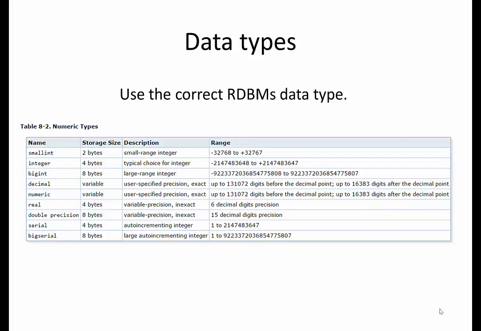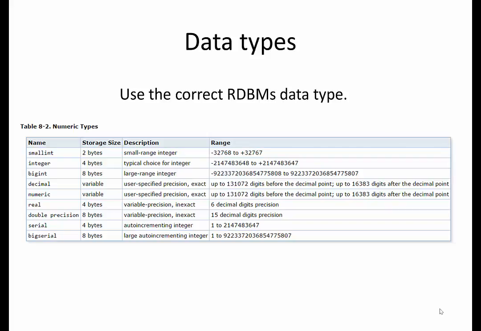The most important thing, unsurprisingly, is to use the correct, or at least a correct, data type. There may well be an obvious optimum data type to use, or it may not be immediately obvious and there may be a number of choices you have to make. A simple example: you've got a number field.